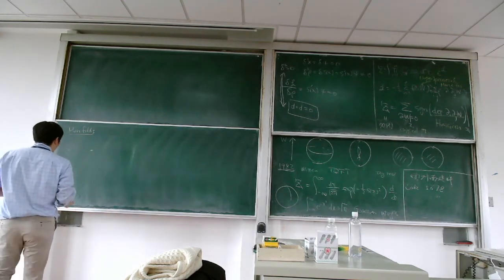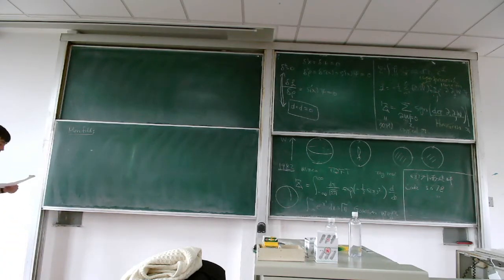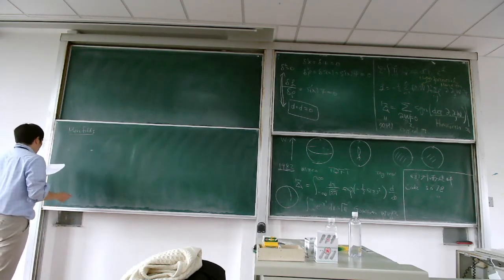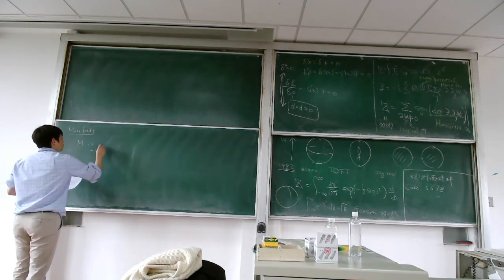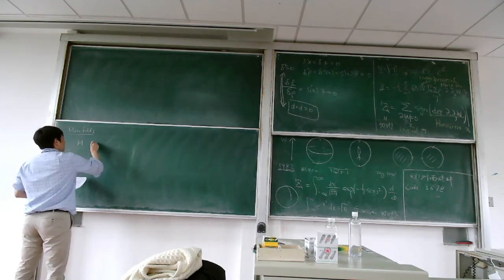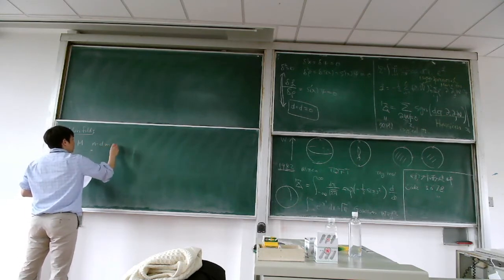So the notion of the manifold is as follows. M is called an n-dimensional manifold.